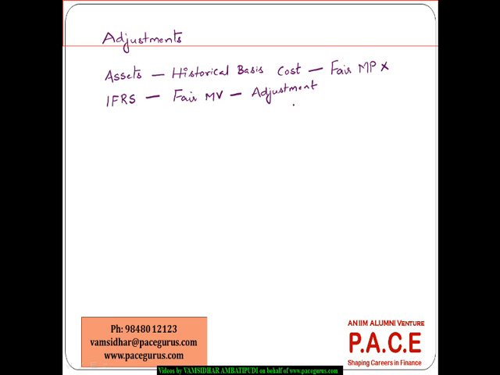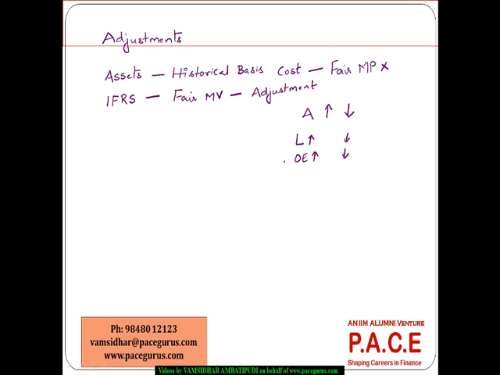So these adjustments on the asset side, an increase or a decrease because of this revaluation, mean that correspondingly there has to be an increase or decrease in the liability or the owner's equity.